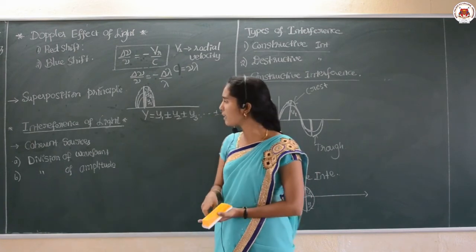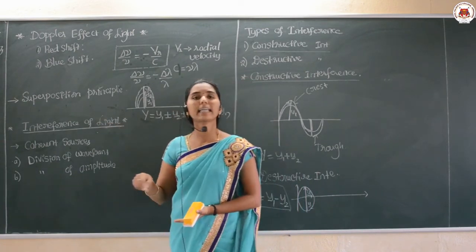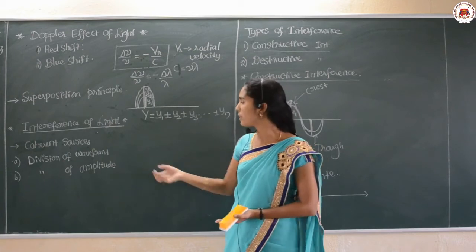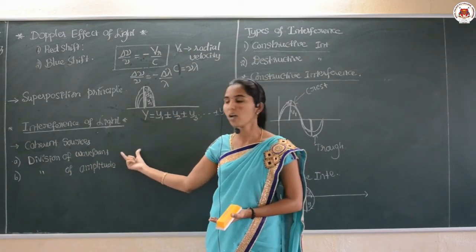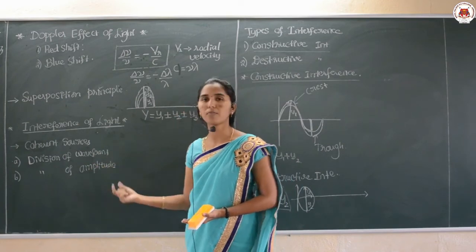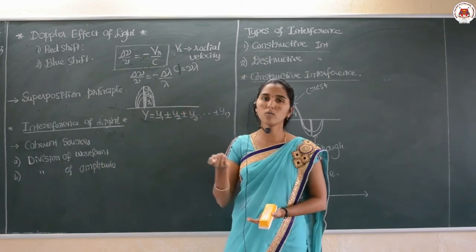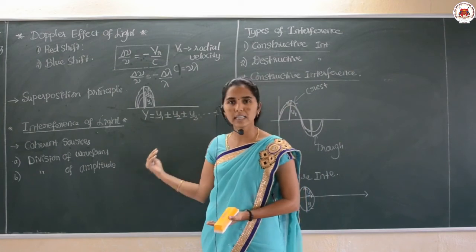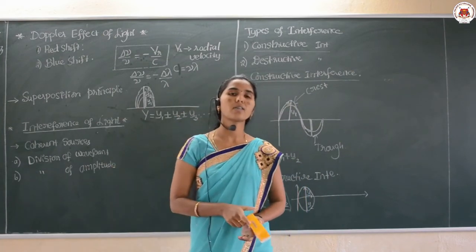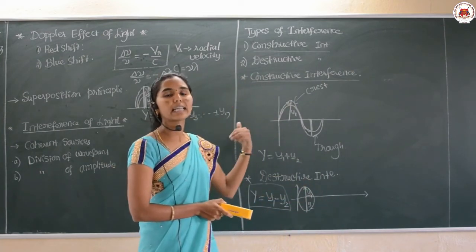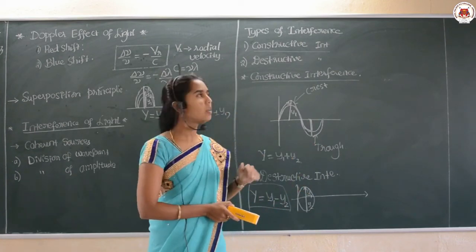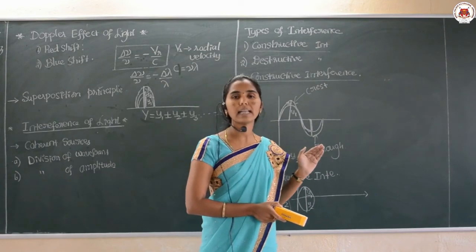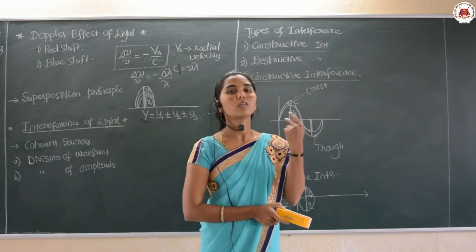Then the interference of the light can take place with the help of either division of the wavefront of light or by the division of the amplitude, and you know already how that is divided. And next, according to the increase in the intensity or decrease in the intensity, the interference of the light is classified into two types.